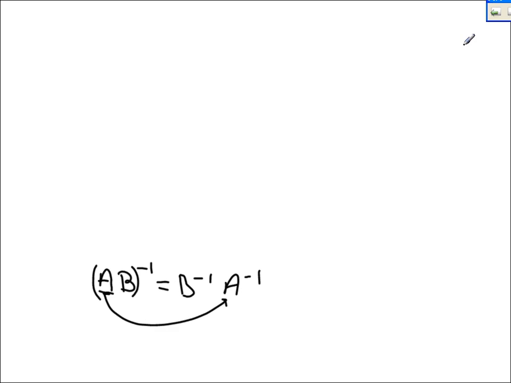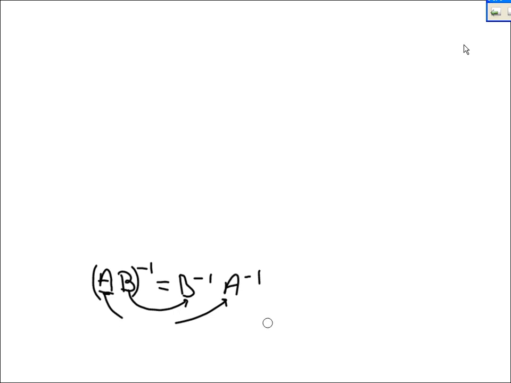And again, those two matrices that you're multiplying and taking the inverse of must be non-singular. Before you can find the inverse of AB, which is B inverse A inverse, well, you have to be able to find A inverse. That means A has to be invertible or non-singular. To find B inverse, B has to be non-singular.